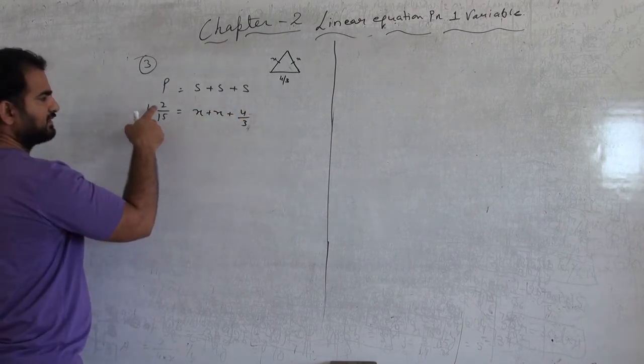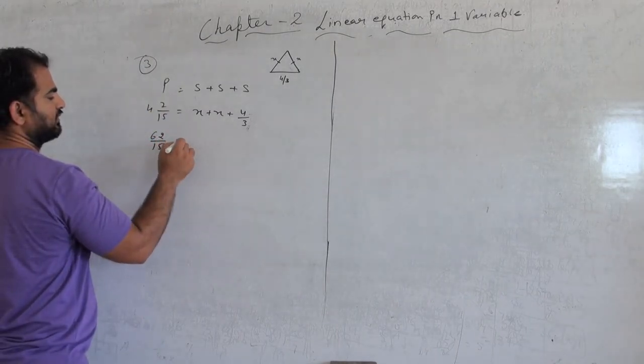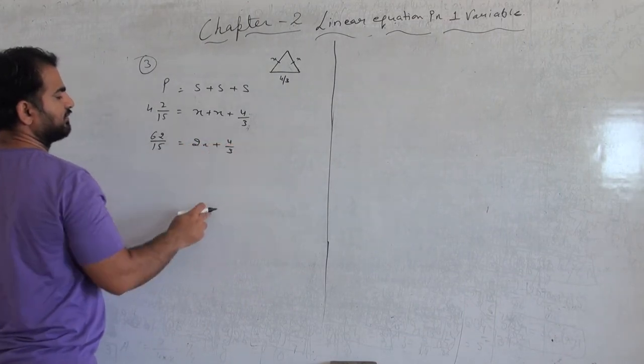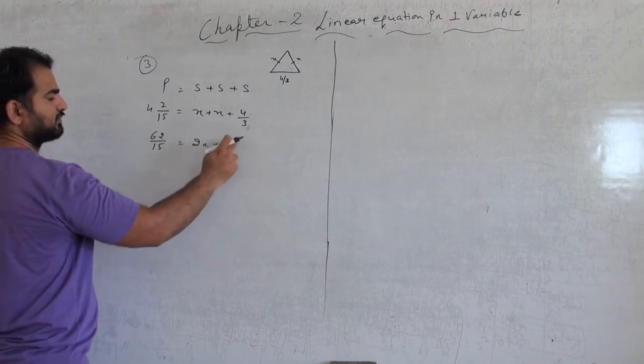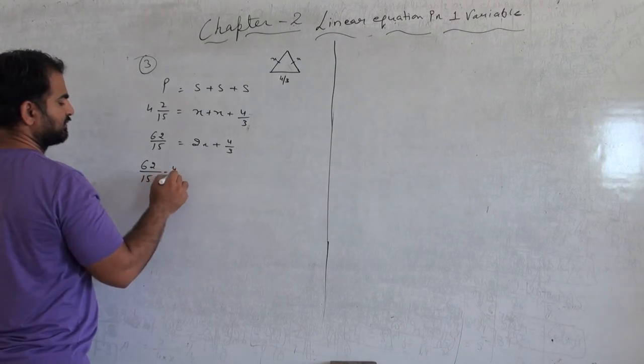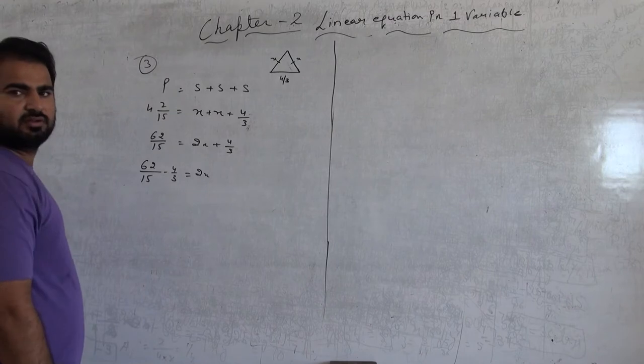15 fours are 60 and 2 is 62. So 62 by 15 equals 2x plus 4 by 3. First of all, we have to remove this 4 by 3, it will be subtracted there. So 62 upon 15 minus 4 by 3 equals 2x. What we have to do?